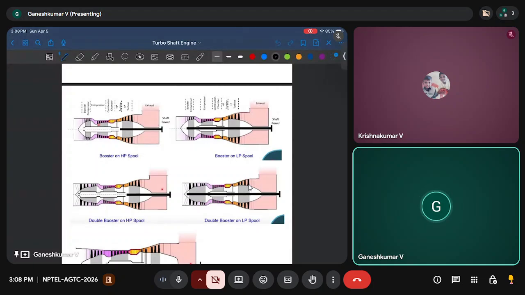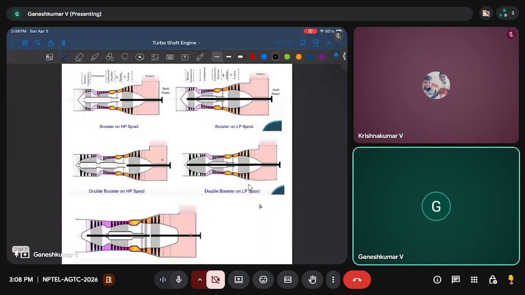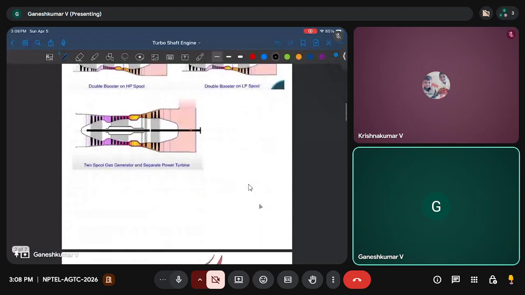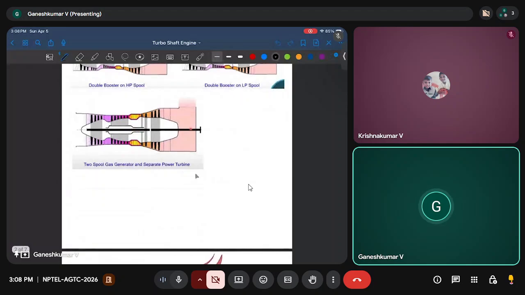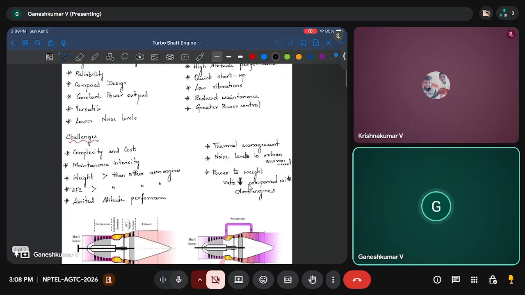The other spool is the free turbine. The other one has two different compressors and two different turbines, and similarly a double booster on the HP spool and on the LP spool. You have a two spool gas generator and a separate power turbine.